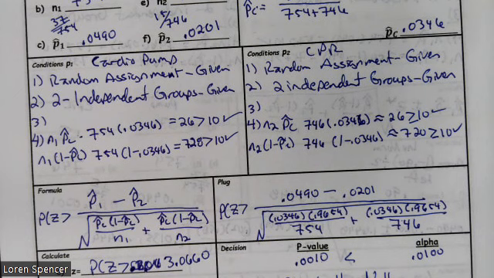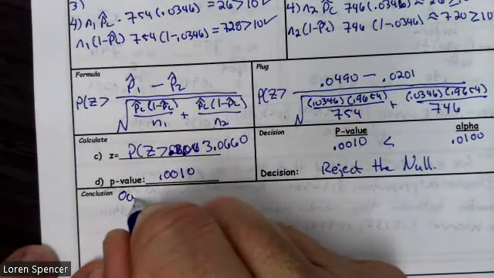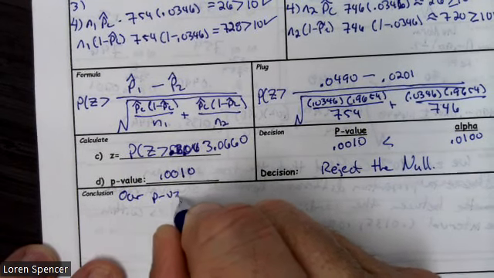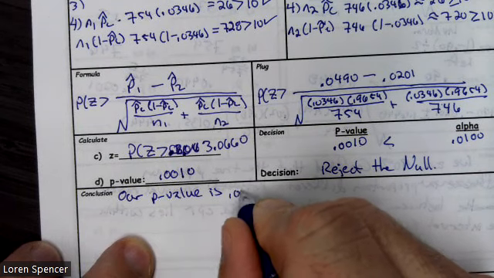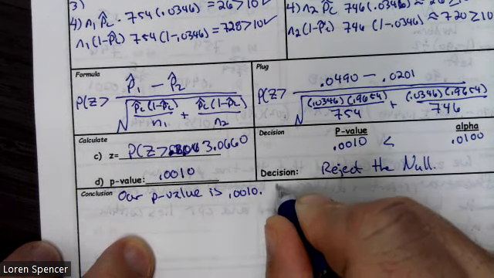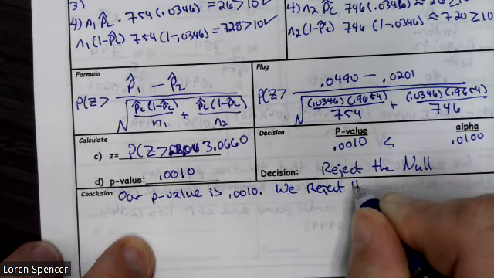All right, so we're rejecting the null, so now we need to write our conclusion. And our conclusion always begins with our p-value. Our p-value is 0.0010. Our decision: we reject H0.